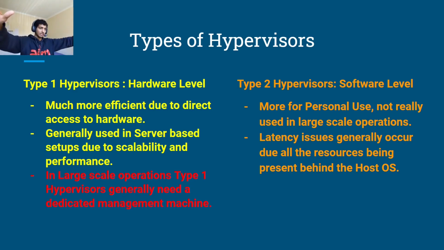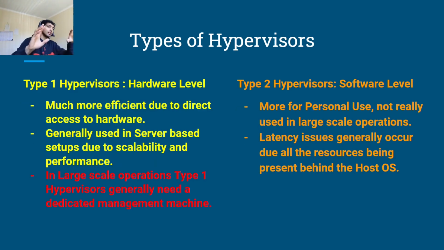Think of it as a commander, a commanding PC that orchestrates which PC needs to be spun up, which needs to be shut down, or what resources need to be allocated where. And that's literally Type 1 hypervisors.